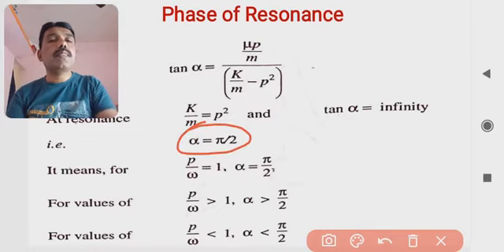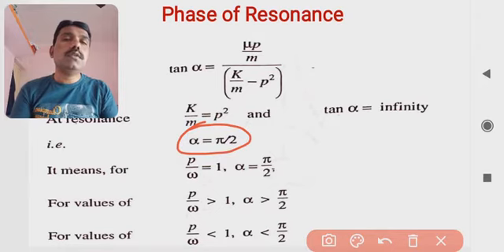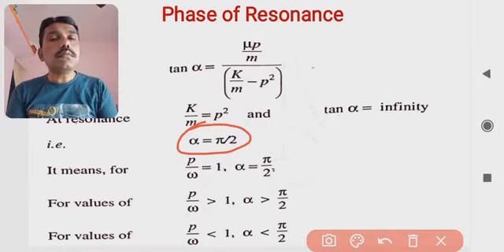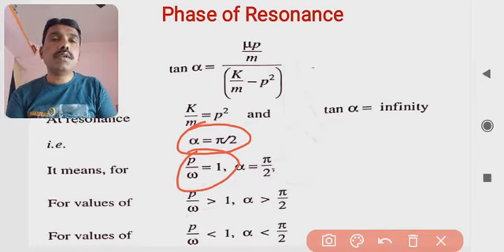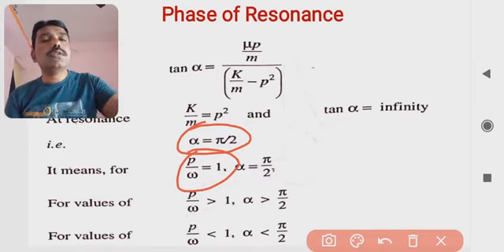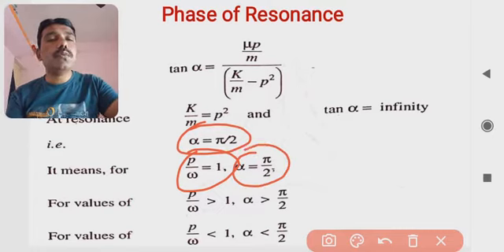This means that for p by omega equal to 1, where p by omega is maximum, we have seen at that stage the phase alpha is equal to pi by 2, that is infinite.